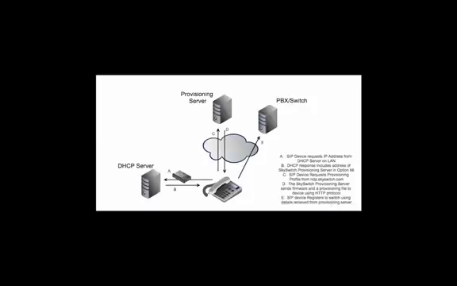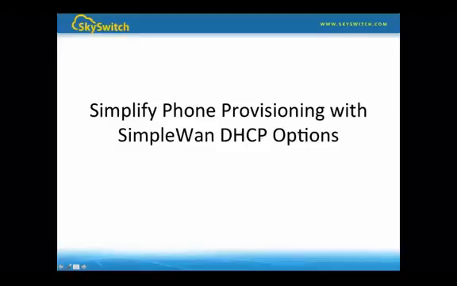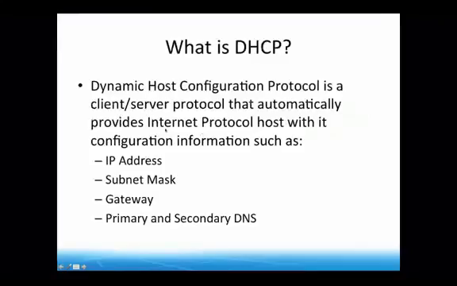This presentation is going to be going over DHCP options with the SimpleWan and specifically with Polycom phones. So first off, what is DHCP? Our IP phones need a way to get their IP address, and DHCP is the protocol they use to do that.